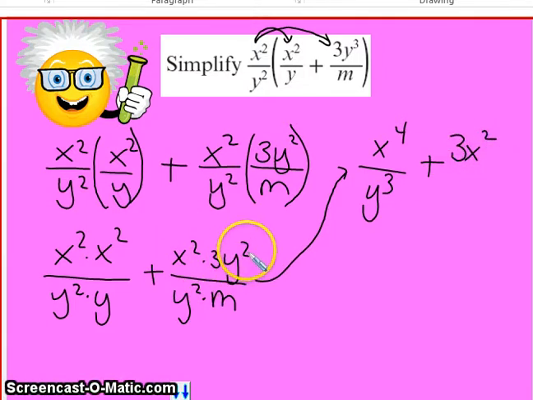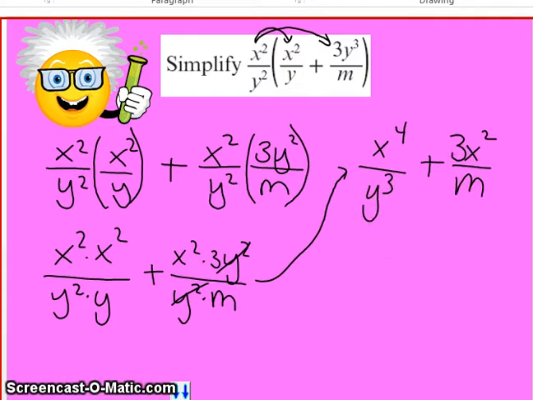Notice here that we have y squared divided by y squared, so y squared on the top and y squared on the bottom. And when we're dividing like bases, we subtract their exponents. So y squared divided by y squared would be y to the 2 minus 2, or the 0th power. So essentially these cancel out, and all that we're left with on the denominator is m.